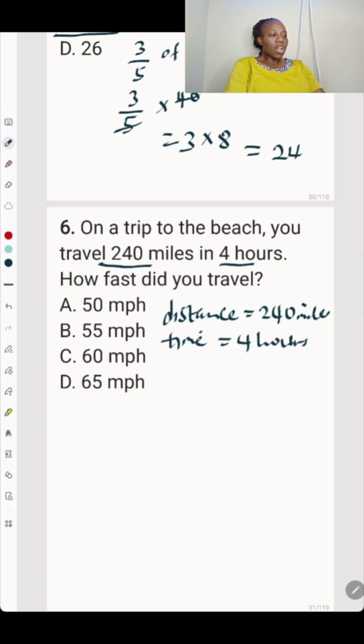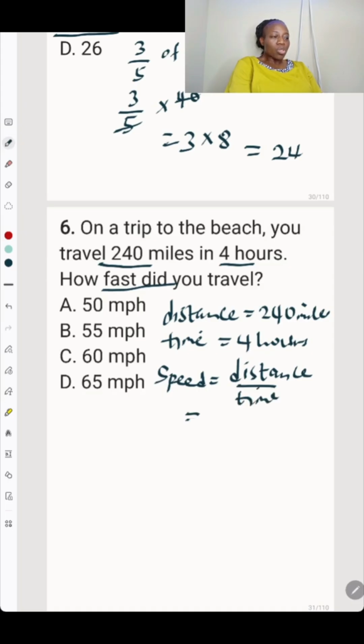So the question is asking for speed. The question is asking for how fast. That means speed. So speed is what the question is asking for, which is what? Distance over time. Distance over time. And that's going to be what? 240 divided by 4. How many 4 will that be? That is going to give us 60 miles per hour.